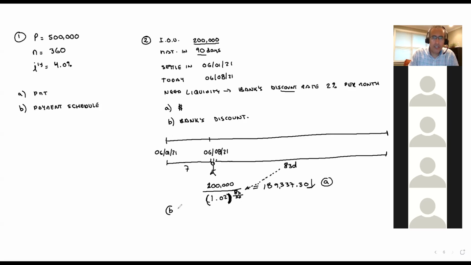Now B, bank discount. It is simply the difference between the 200,000 minus the 189,337.30. So this equals what? Someone? 10,662.7.